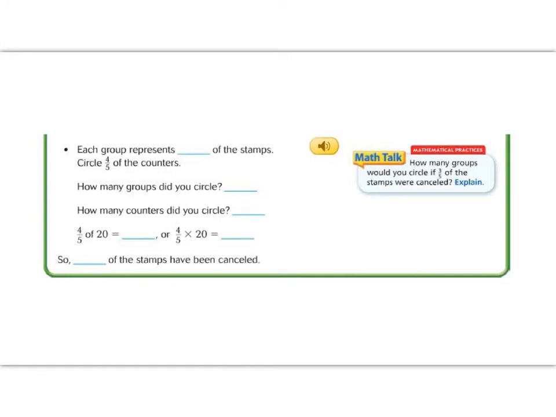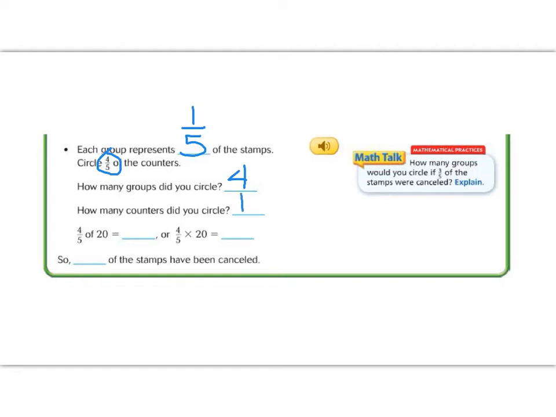Alright, if we look at each group, remember that we had 5 groups up above. So if we're splitting them into groups of 5, then each group represents 1/5 of the total stamps. And then we circled 4/5 of the counters, 4 groups of 5. So that means that we circled 4 groups and there were 4 counters in each.